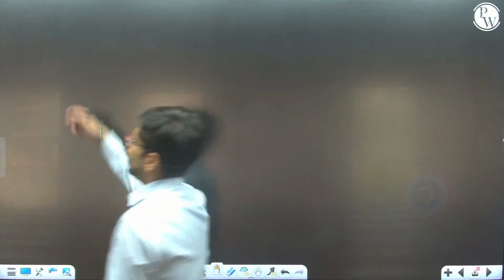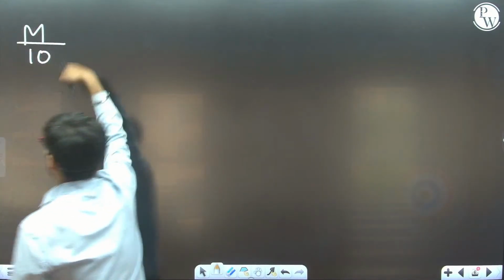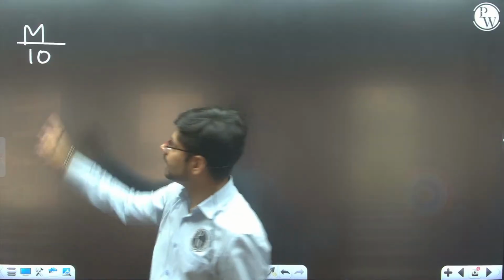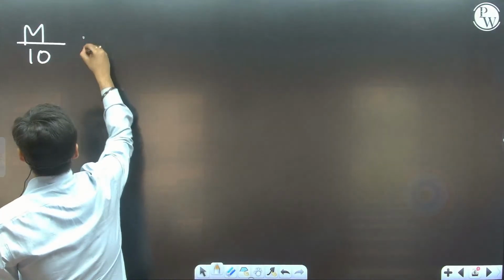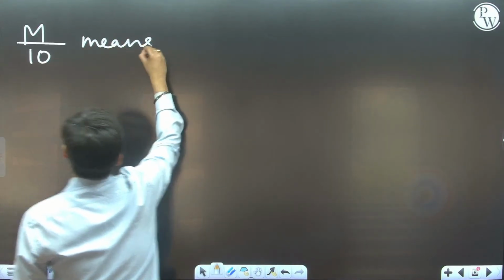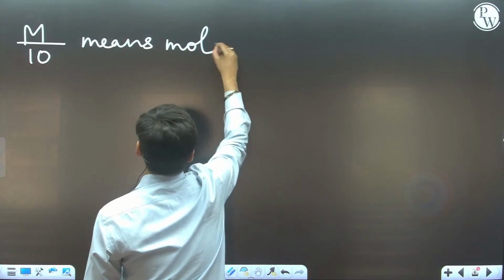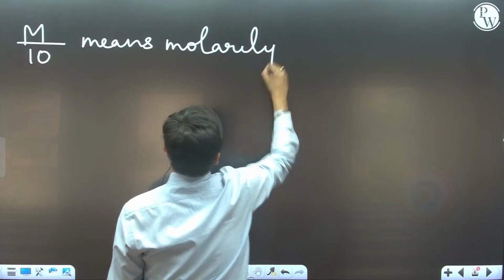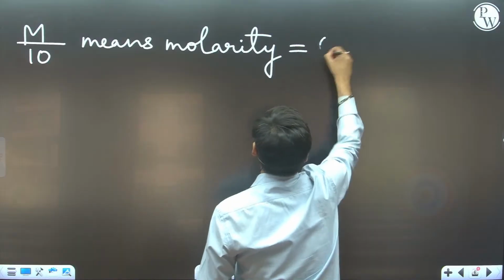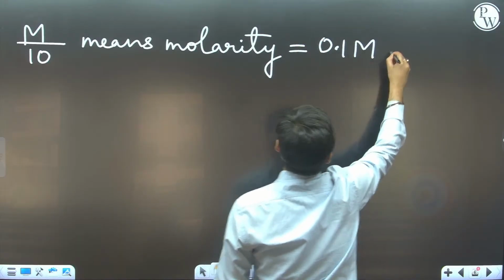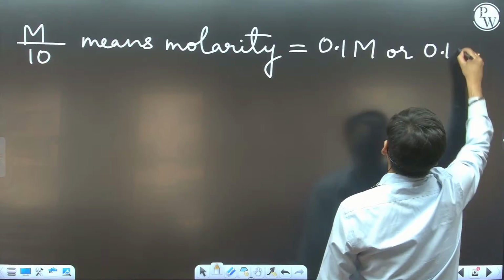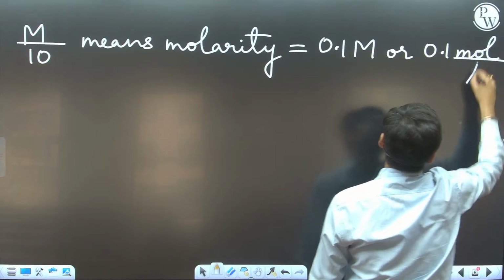Now see, this is quite common. You come across this in questions. Now what does this mean? This means molarity is 0.1. I can also write like this, right?